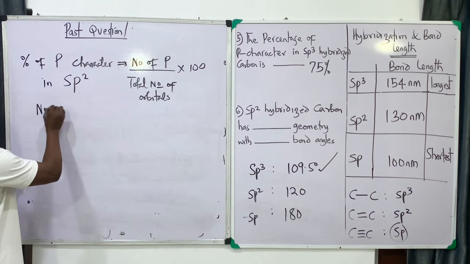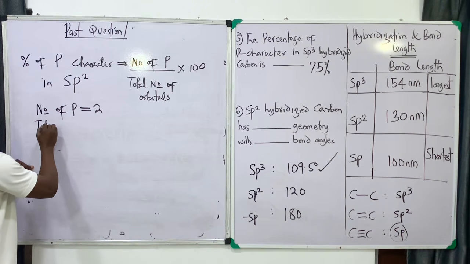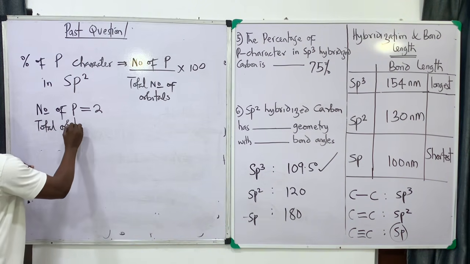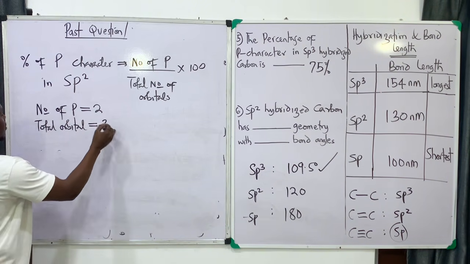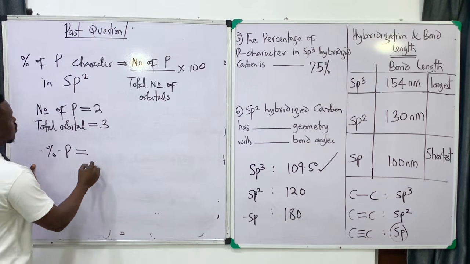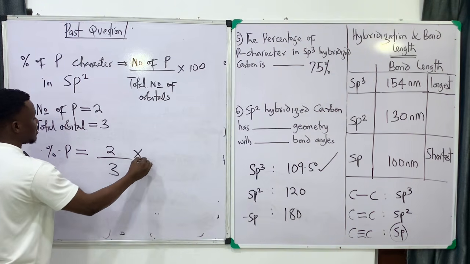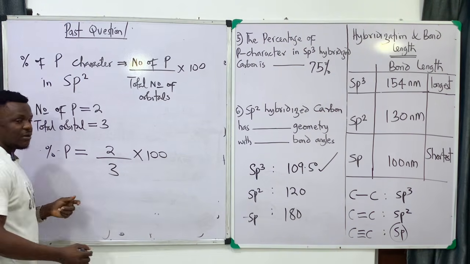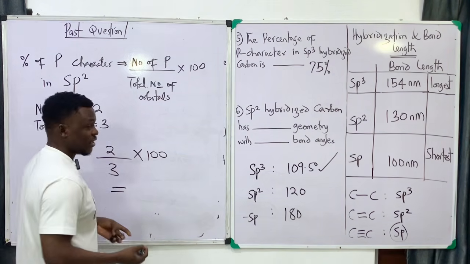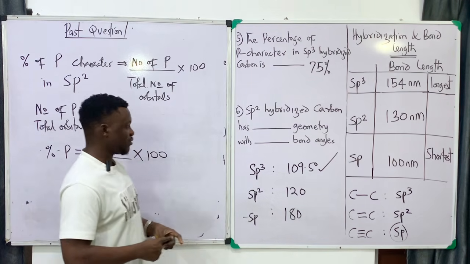We'll say number of p equals 2. Total orbitals is equal to 3. So percentage of p is equal to number of p, which is 2, all over 3 times 100. You press your calculator and you get your answer. So that is how we solve for this particular question.